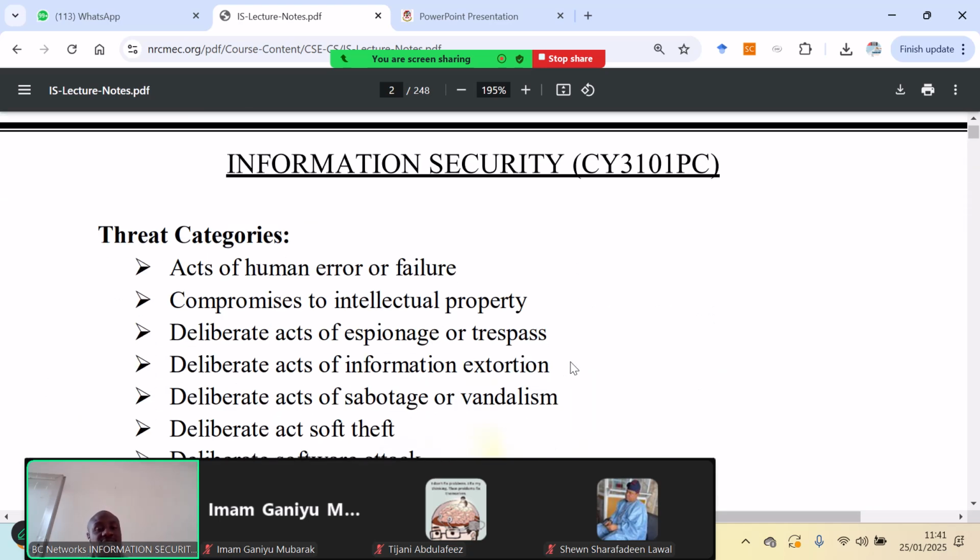But we will realize that some of these threats are actually to exploit system vulnerabilities, and the threats can easily come from human error or failure due to negligence of the administrator. That's how you can exploit some vulnerabilities in information systems.